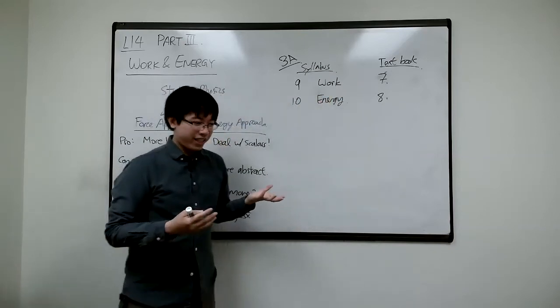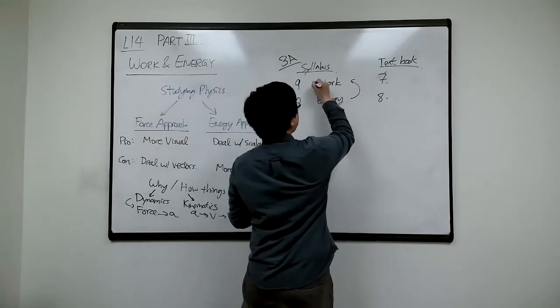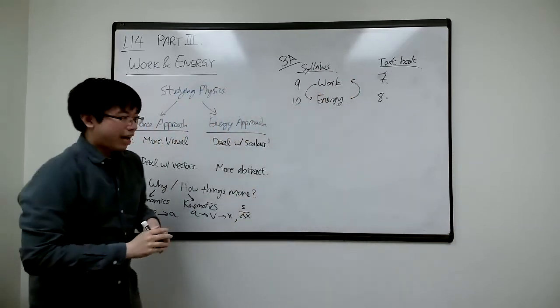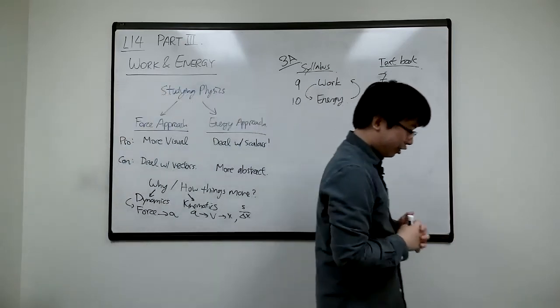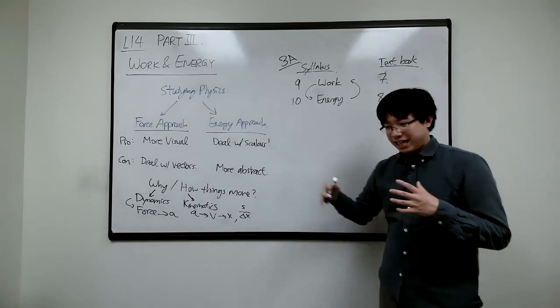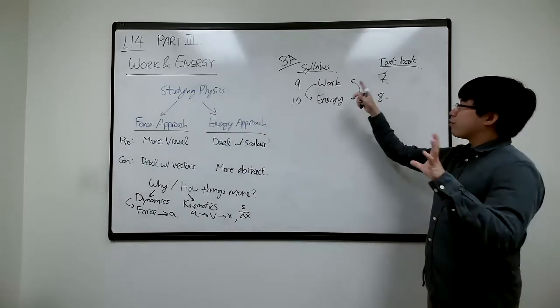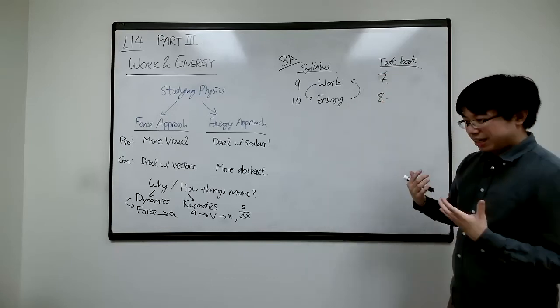But to understand work, you kind of need to have a good concept of energy. So these things are kind of linked. So I'm going to try to present it in a different way. I think I have a good idea how to make it slightly simpler. So I'm going to present it not as clear cut, because they both will help each other in some sense.